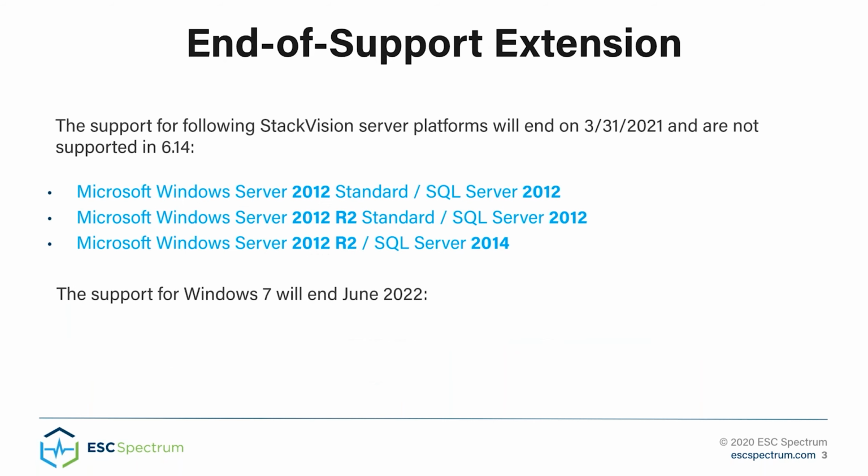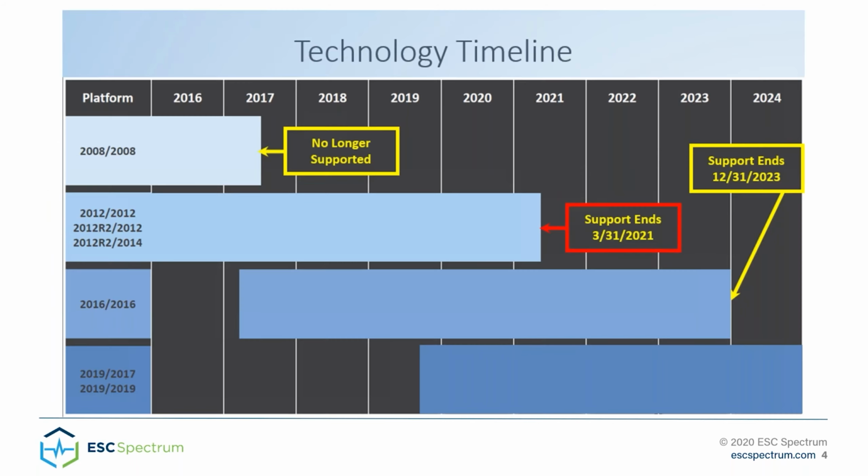The end of support extension: Windows Servers 2012 and 2012 R2 are not supported in StackVision 6.14. We will also be discontinuing support for Windows 7 effective June 2022. Here is the technology timeline showing the end of support for our platforms.